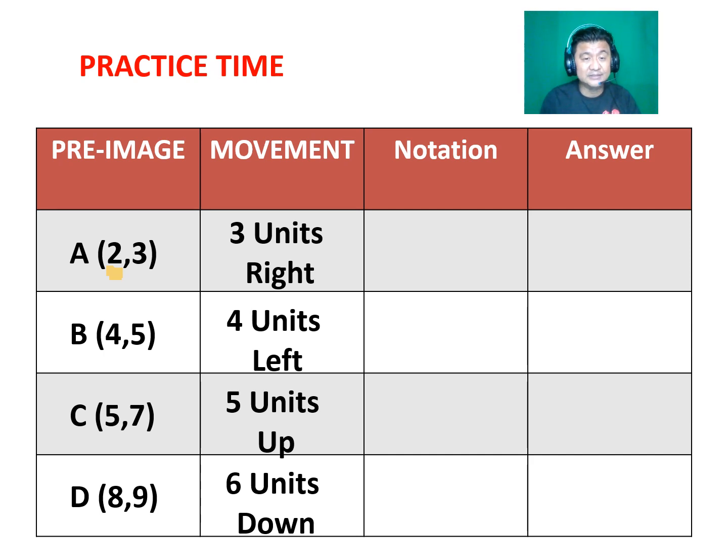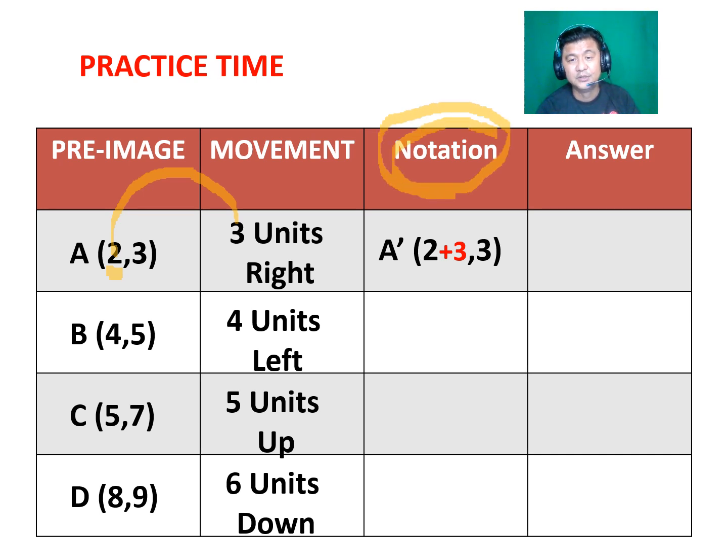Therefore, I will add something to 2. And what is that? I'll add the 3. So I write 2 plus 3. Write down your notation. As I said, I want to see the notation. Even if you can do this mentally, write this down first and then write down the answer. 2 plus 3 is what? 5, comma 3. Okay, try the next one.